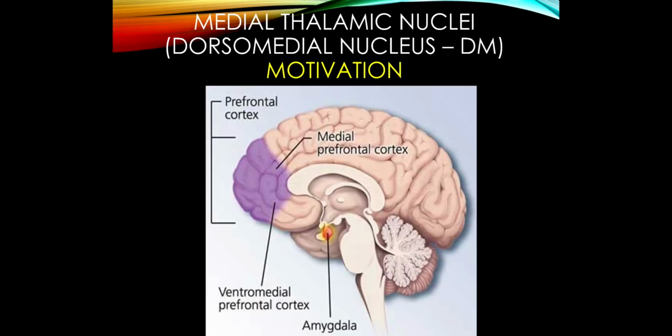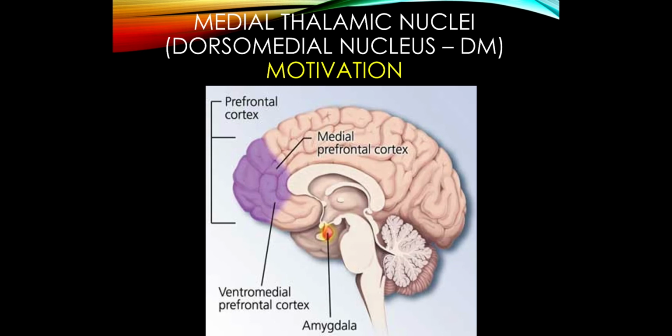Now, closely related, actually, is the medial thalamic nucleus, the dorsal medial nucleus. This provides a relay between the amygdala and the medial prefrontal cortex and the ventral medial prefrontal cortex here. And so remember, the amygdala is part of the limbic system, and so we want to think of the dorsal medial nucleus as part of the limbic system, and actually the hippocampus is part of the limbic system also.